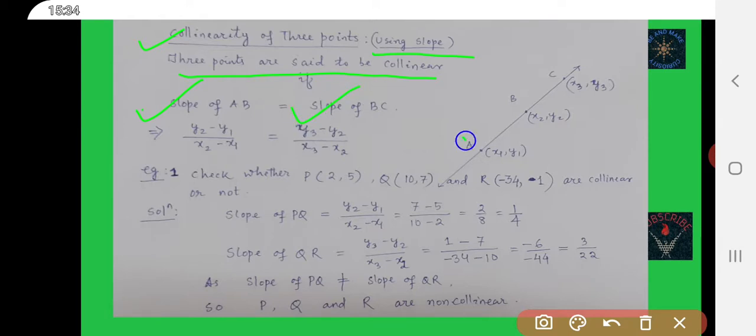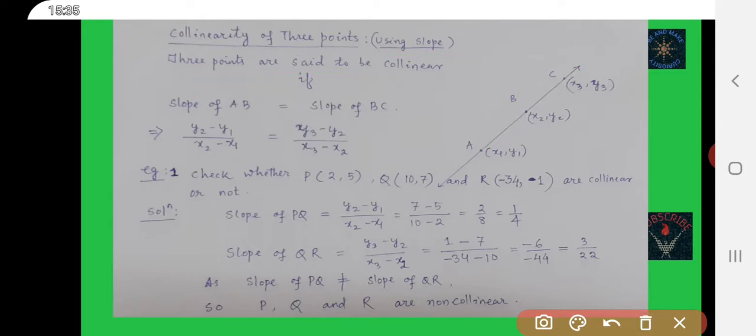Here points A, B and C are said to be collinear if slope of AB is equal to slope of BC. Here point B is common for both line segments AB and BC.